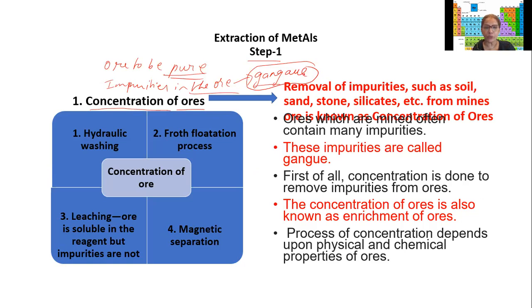Now we have to remove this gangue. Let's use the term again, gangue. What is gangue? Gangue is the impurities present in the ore. So we have to remove the gangue to get a concentrated ore.